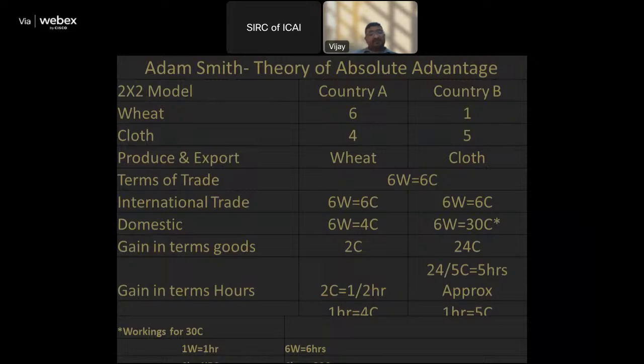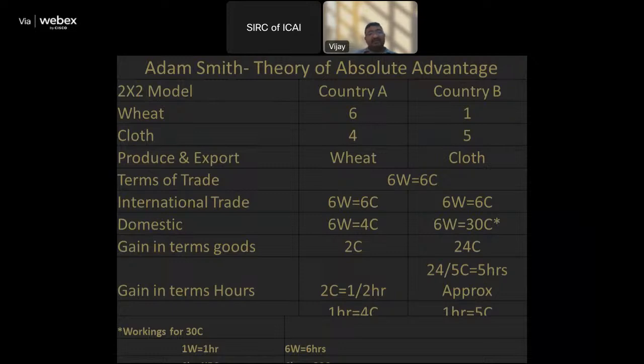What is terms of trade? Terms of trade is the ratio of my imports and exports. If I give 6 wheat, I will get 6 cloth. That is terms of trade.